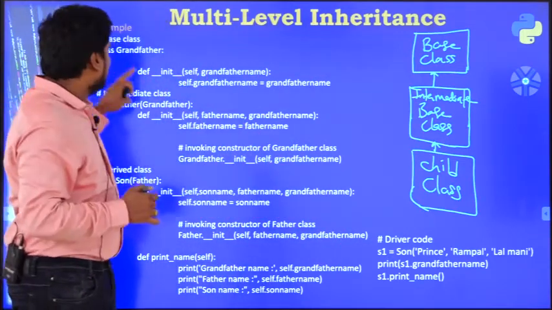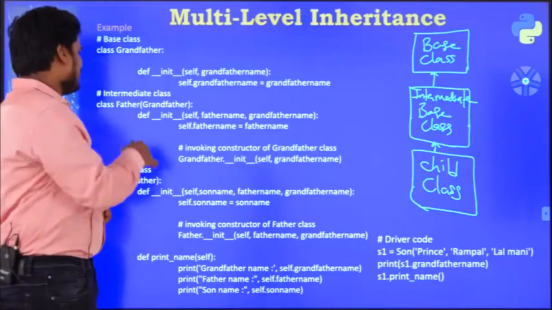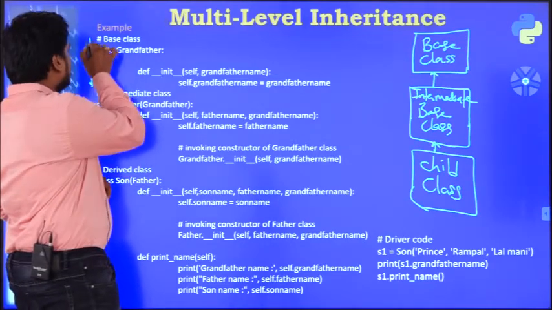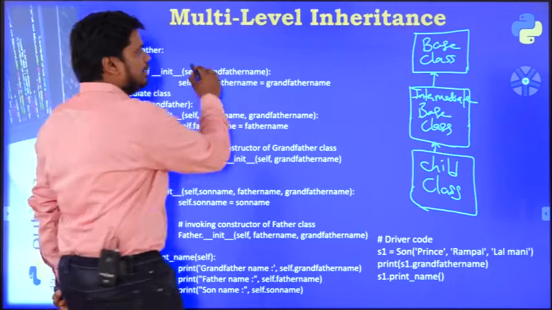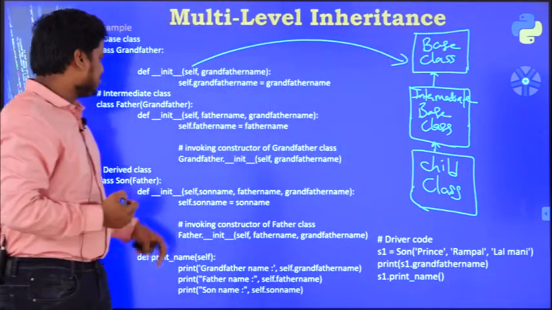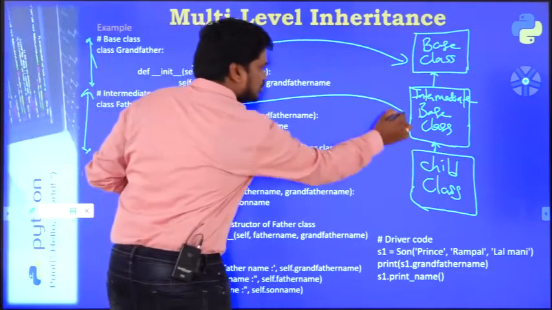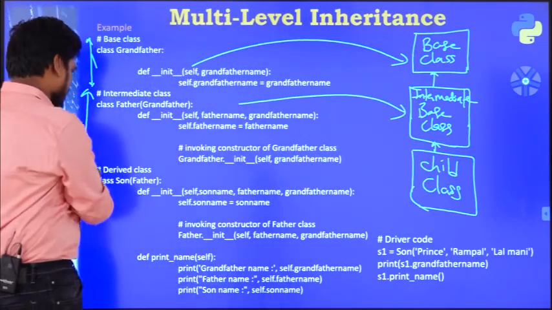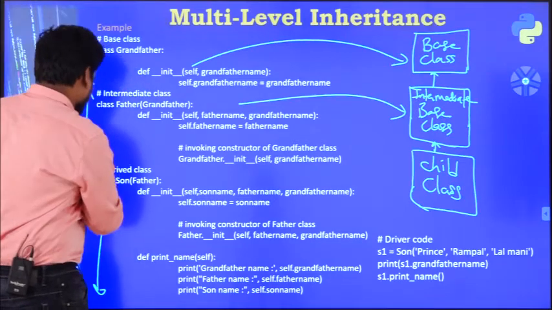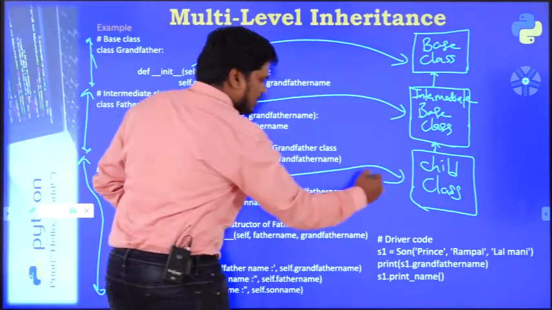So observe carefully. Here I am having a grandfather class, which is nothing but my base class, and next I am having an intermediate class, and next here I am having a derived class.